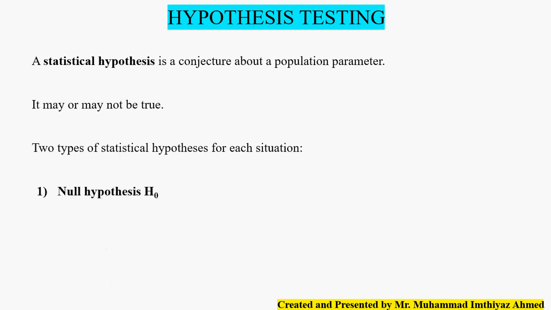One we call as null hypothesis, that is, it is regarded symbolically as H naught, as I'm indicating by mouse, H naught. Number two, it is called alternative hypothesis. It is regarded as H1.